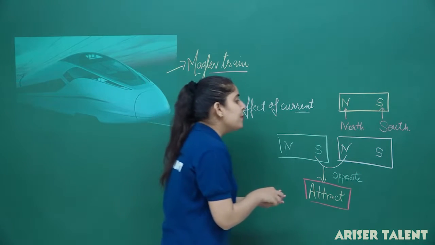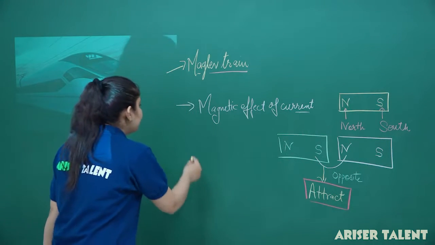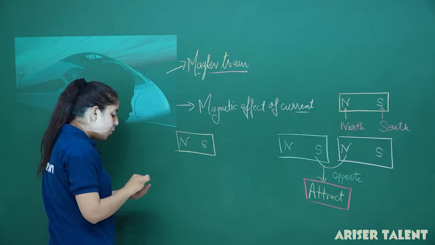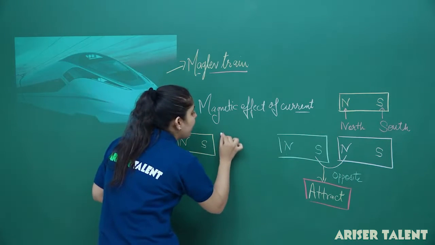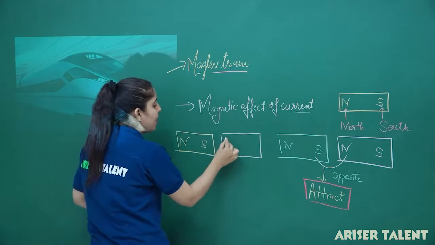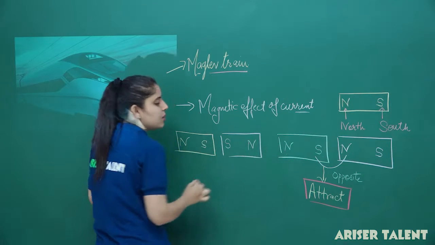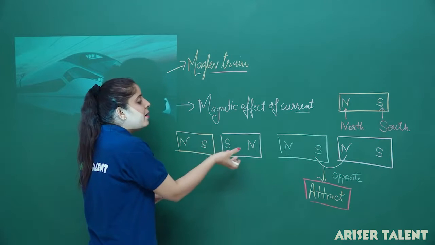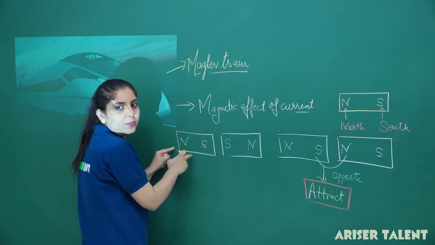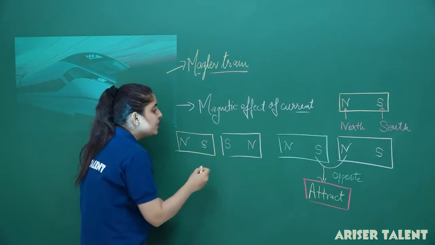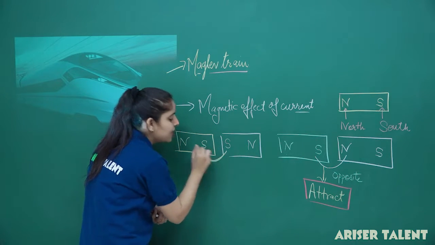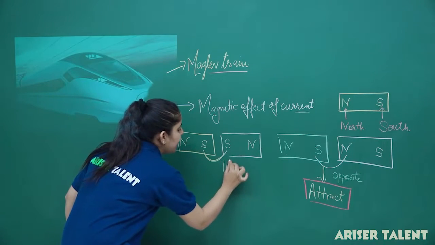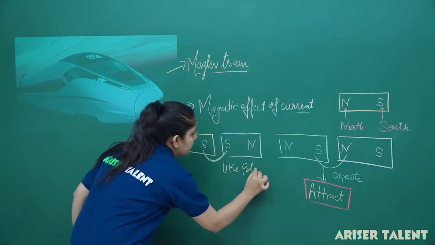Now, consider another case. Suppose I am taking a magnet with a north and a south, and I place another magnet in its vicinity, with south here and north there. I have just placed the magnet reversely compared to the previous one. Now you can see that these are like poles: south and south are like poles.